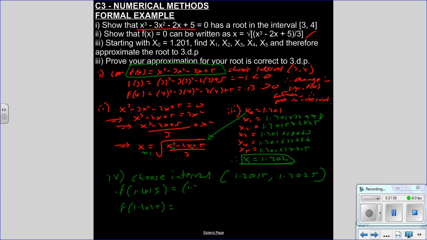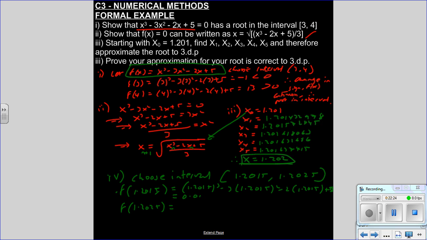So 1.2015 cubed minus 3, 1.2015 squared minus 2, 1.2015 plus 5. And here we go, 1.2015 answer cubed minus 3 answer squared minus 2 answer plus 5.